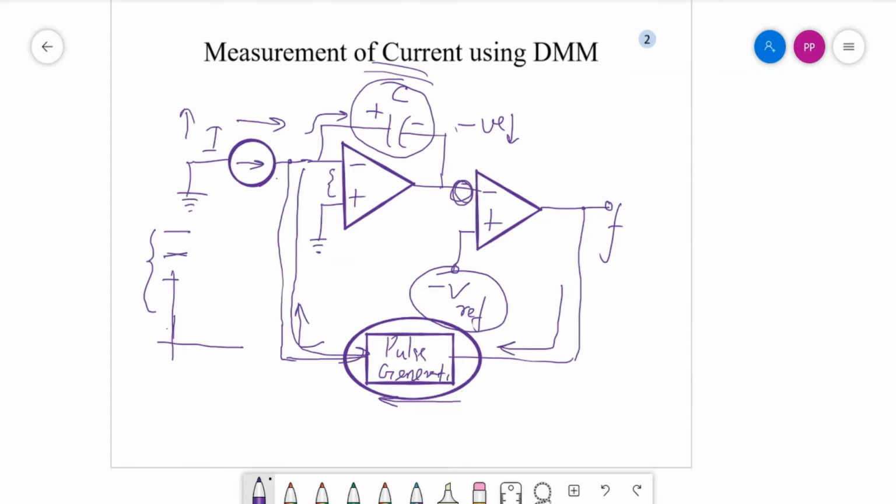So we can understand that the current magnitude will be converted into the frequency of the output voltage of the comparator. The output voltage of the comparator will have a frequency which will be proportional to the input current I. That is how a current to frequency converter is used for this purpose.